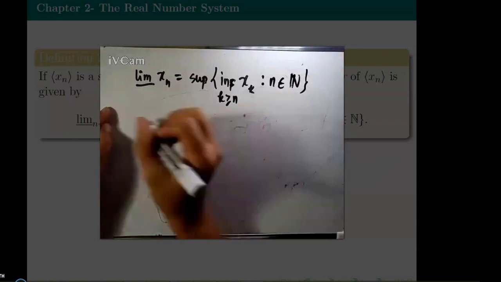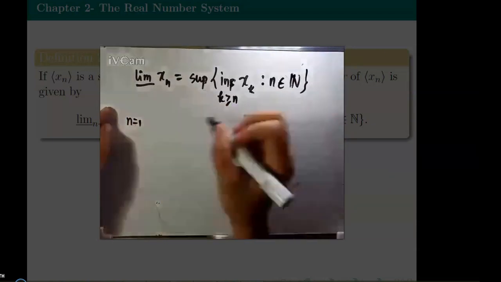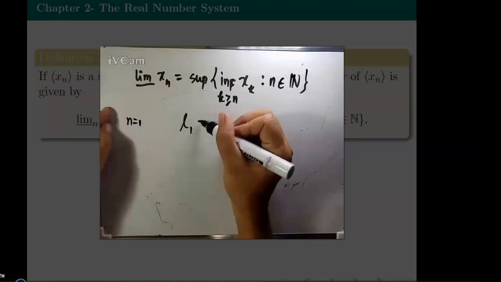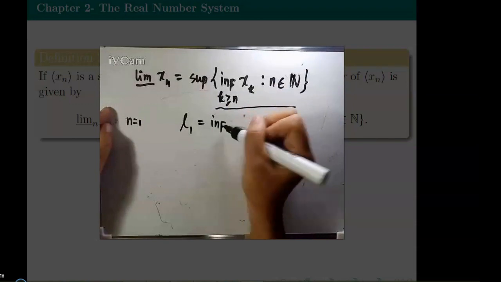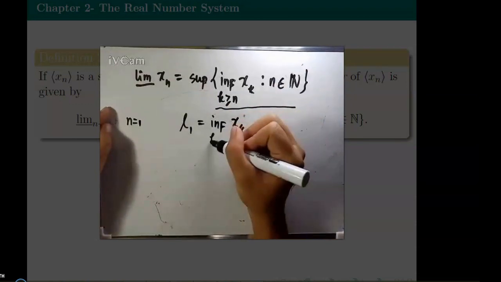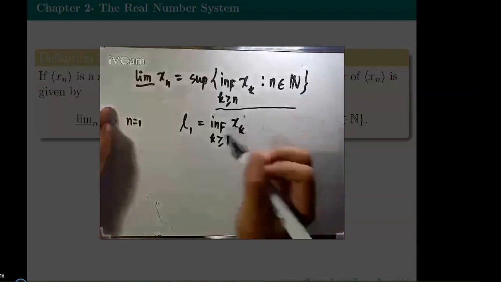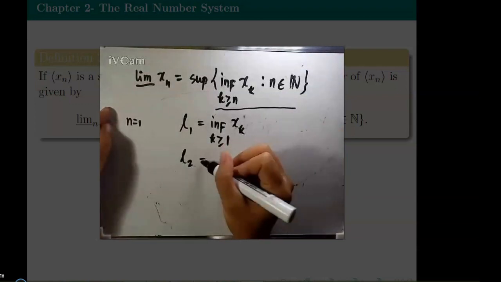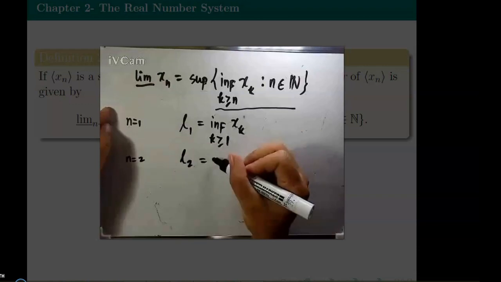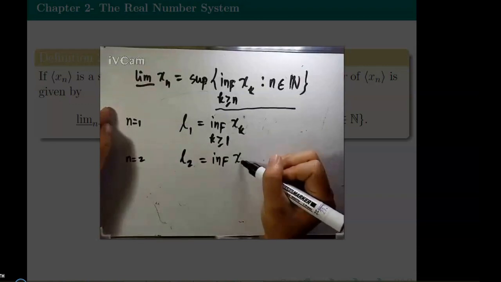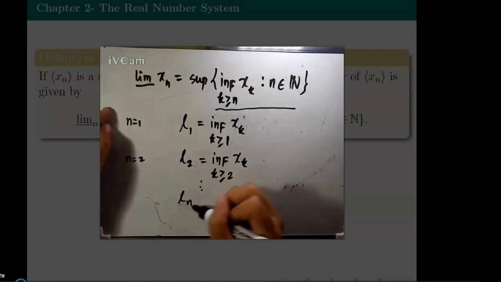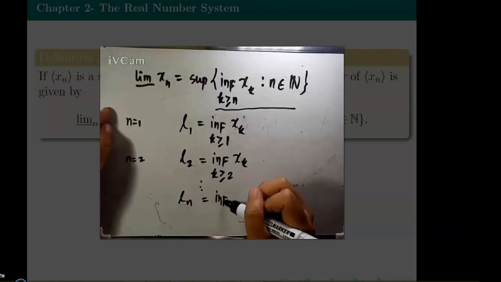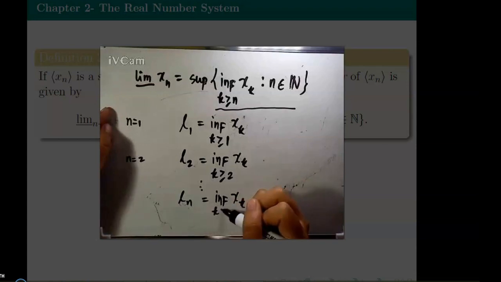Here again, if n is equal to 1, let's have L sub 1 equal to the infimum of x sub k, where k is greater than or equal to 1. Next one, L sub 2, when n is 2. So this is the infimum of x sub k, where k is greater than or equal to 2. So if we have L sub n, this is the infimum of x sub k, where k is greater than or equal to n, and so on.